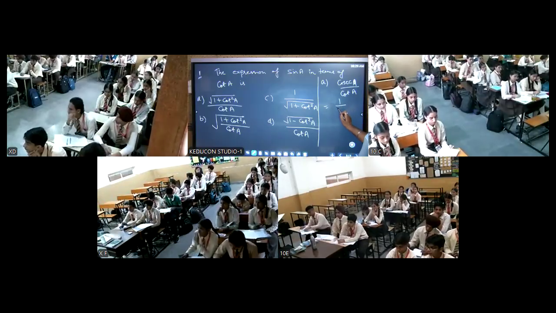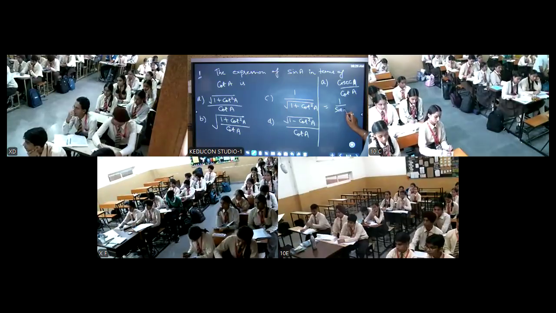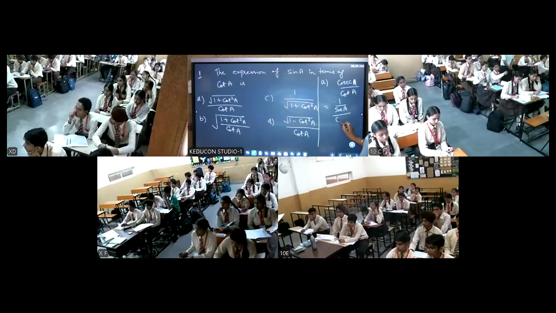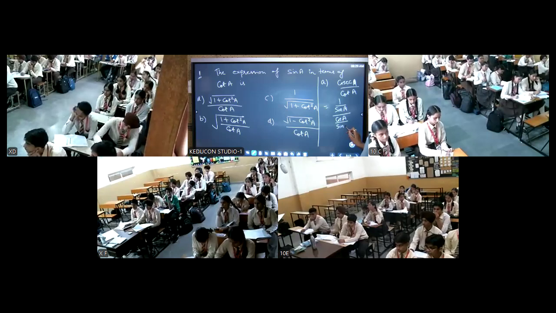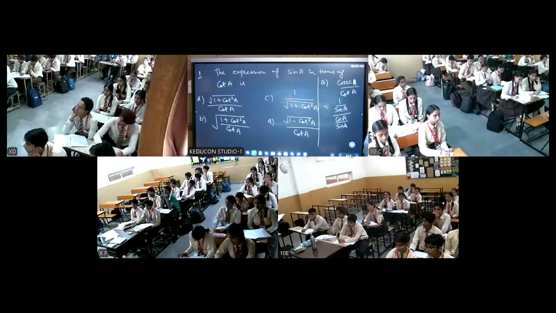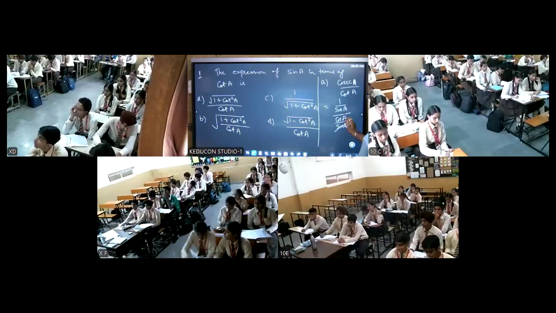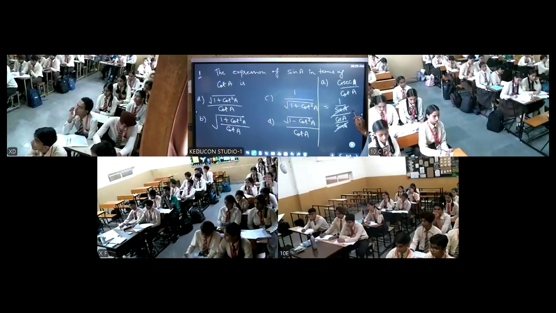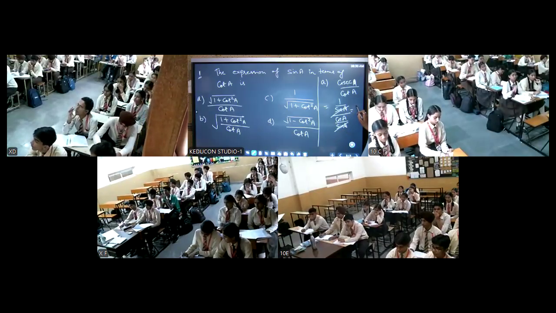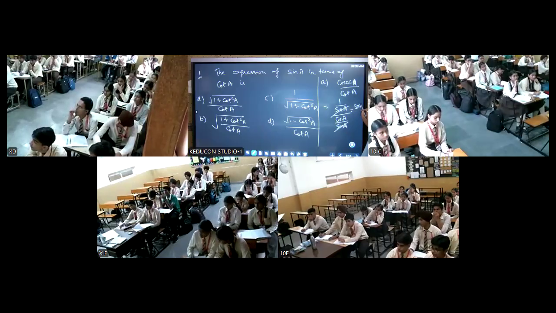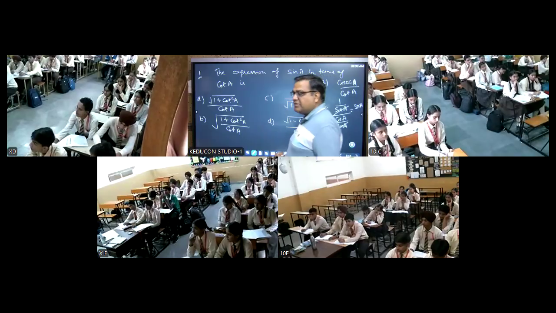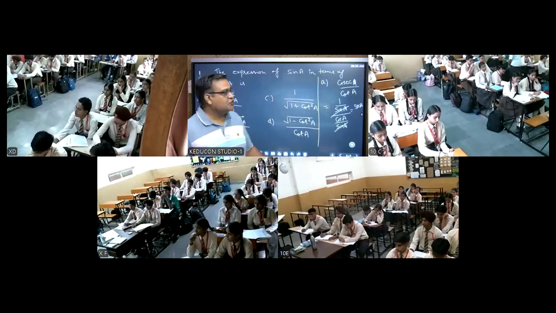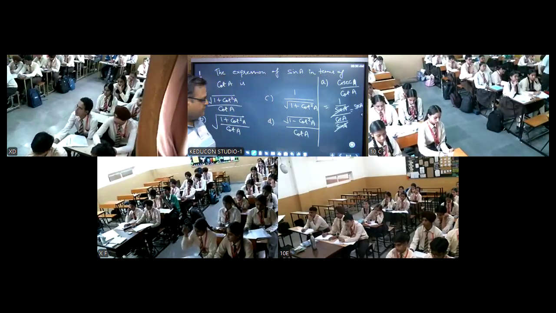Cosec is 1 over sin A and cot is cos A over sin A. Is this clear? So this will be cancelled out, but you are left with 1 by cos A, which is equal to secant A. So therefore this is not the correct one.